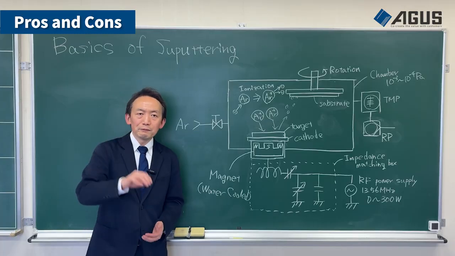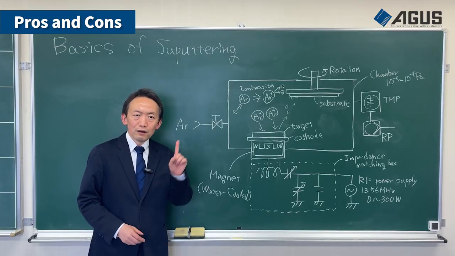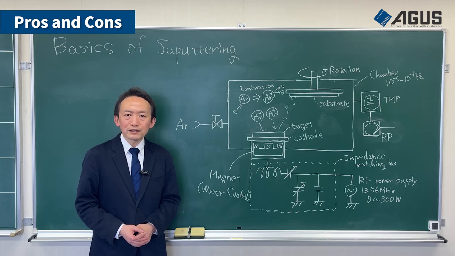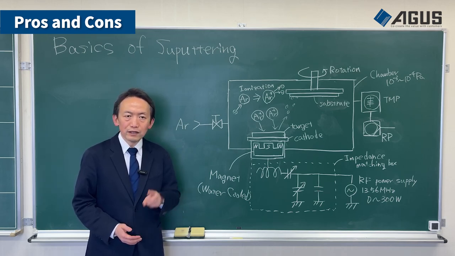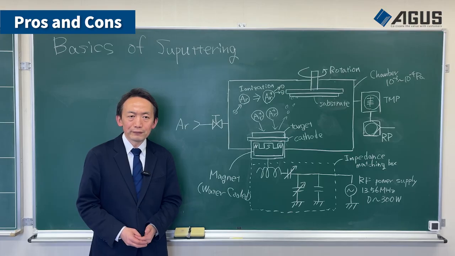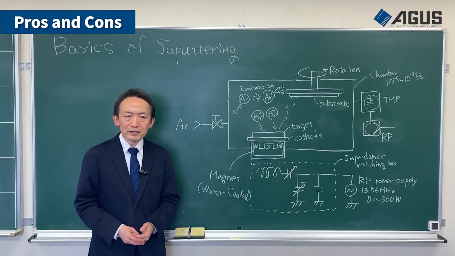Sputtering has 5 big advantages. 1. Stability. You get the same results every time by using the same settings. 2. Strong adhesion. It creates very durable films. 3. Uniformity.